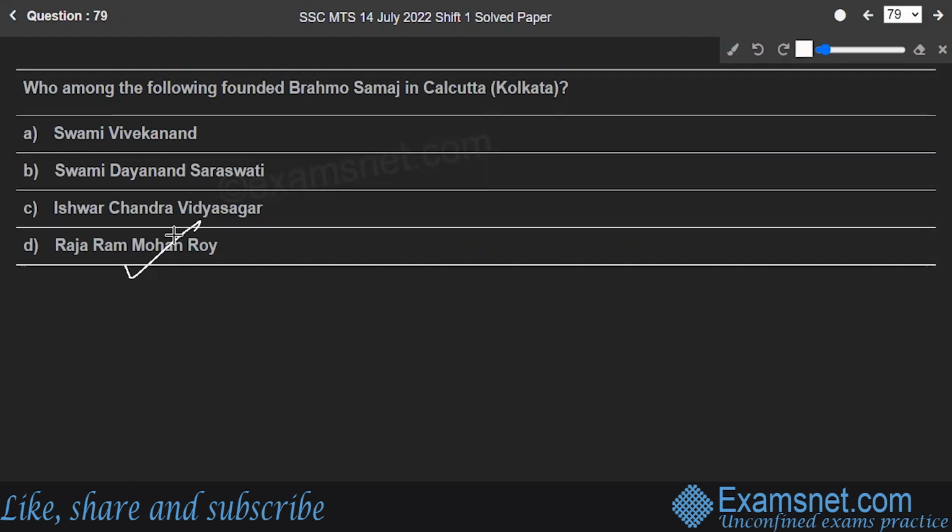It was started in Calcutta on 20 August 1828 by Raja Ram Mohan Roy and Dwarkanath Tagore. So, option D is the correct answer to the question.